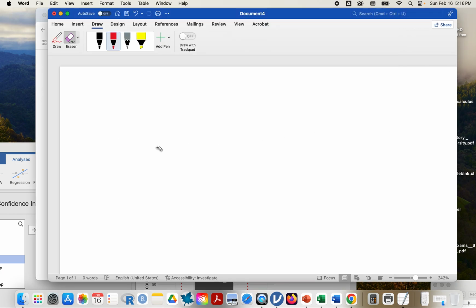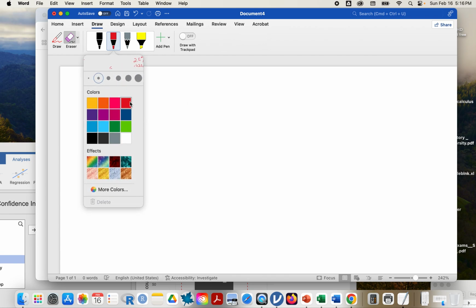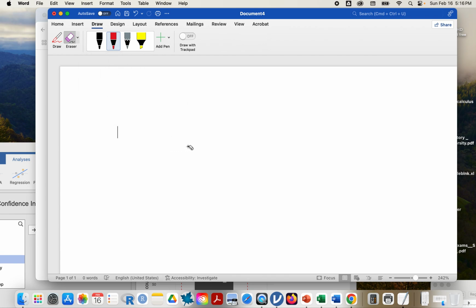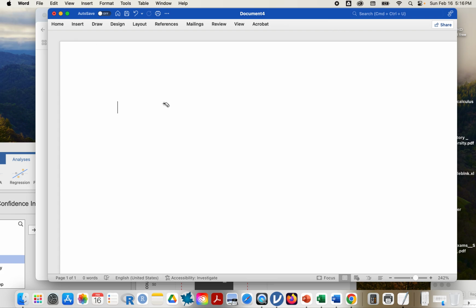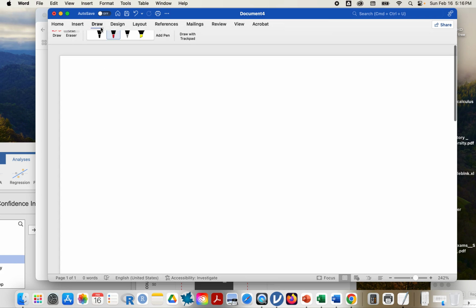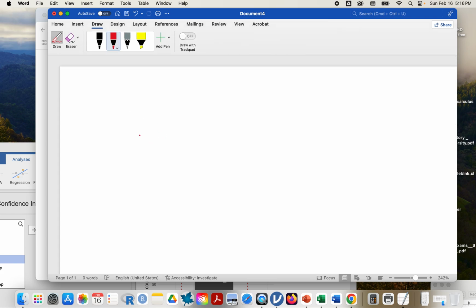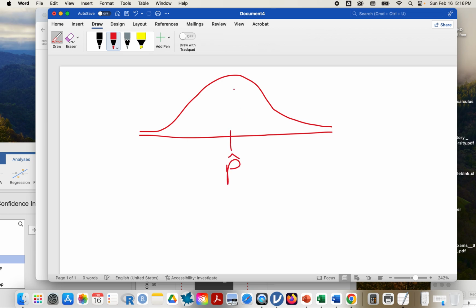A comment. So here's my comment. If I'm doing the 95% confidence interval and I'm in the model, here's where the p hat would sit. It sits dead center. And then we're going to have 95% in the middle.